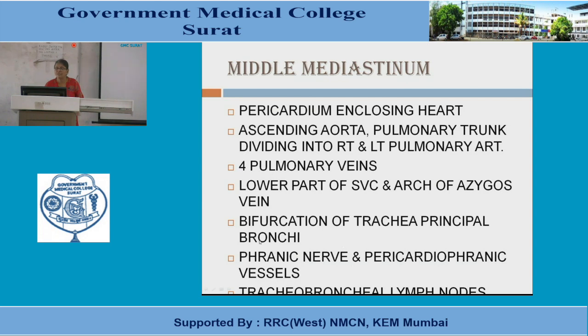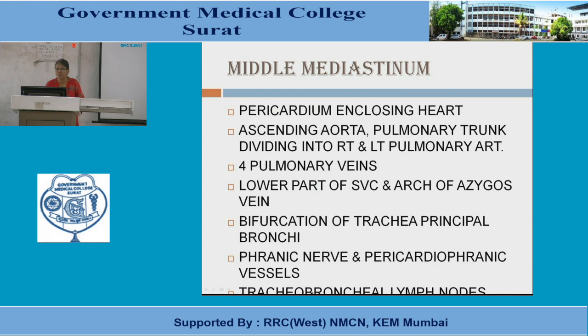Bifurcation of the trachea with the principal bronchi: the trachea is a content of the superior mediastinum, but the bifurcation of the trachea into two principal bronchi is a content of the middle mediastinum. Phrenic nerve and pericardiophrenic vessels: you saw the phrenic nerve in the superior mediastinum, and it comes into the middle mediastinum. The vagus nerve has not come; it goes into the posterior mediastinum.